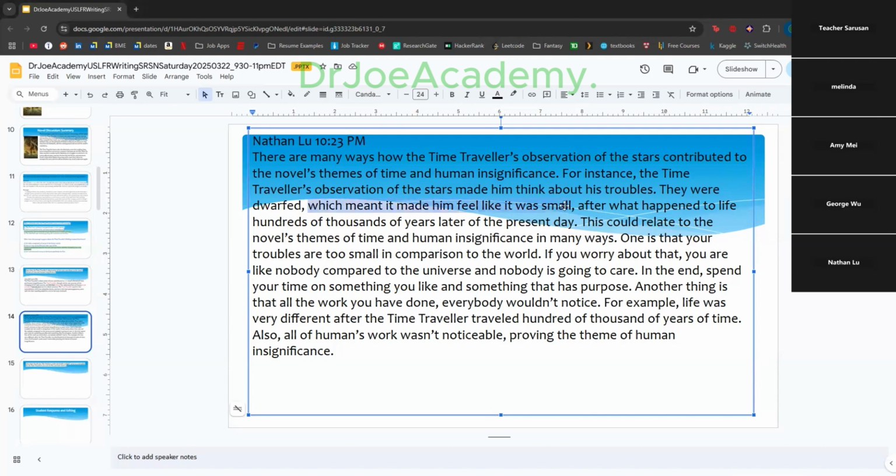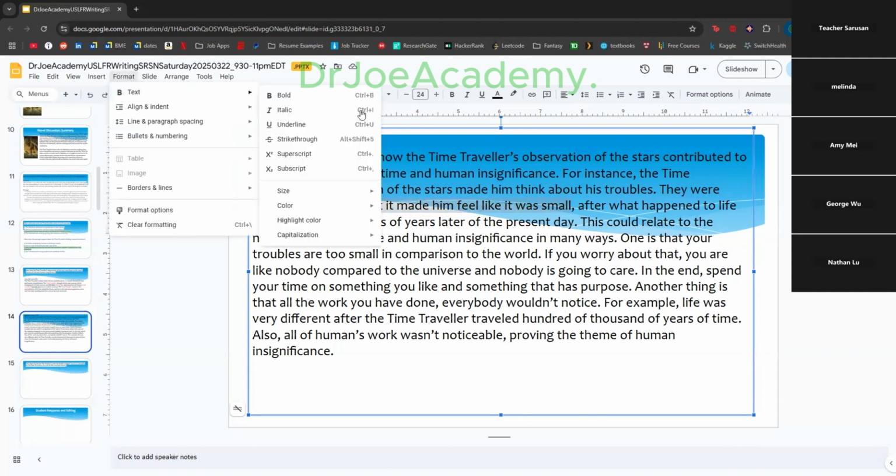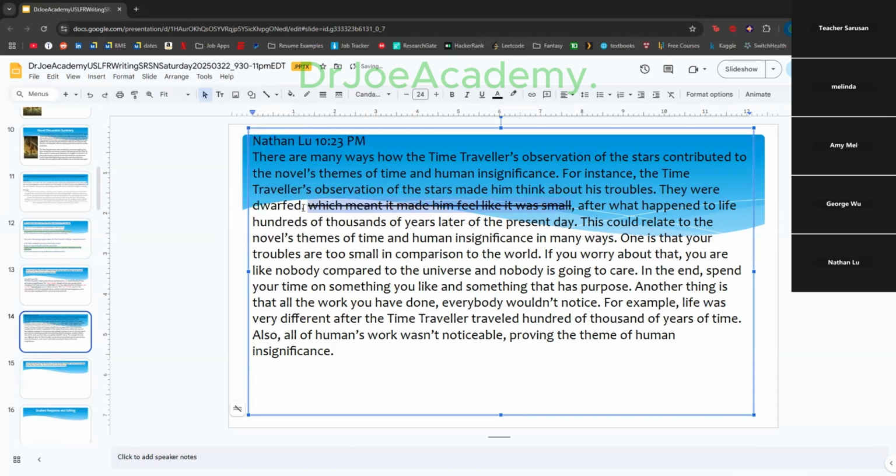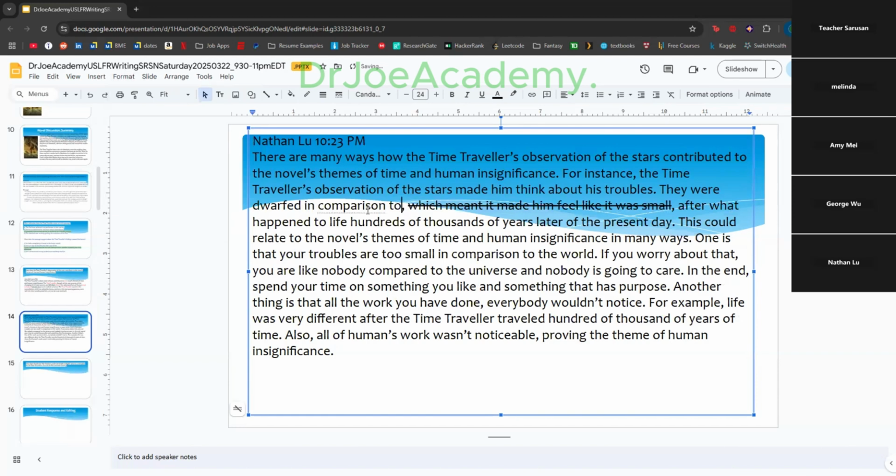So we don't really need this section right here because we're kind of just defining what dwarfed means, but we already know what it means. It's a little redundant. So we can say they were dwarfed in comparison to, and then we'll continue here. So let's cut this one out. They were dwarfed in comparison to, and we'll take out this comma as well.